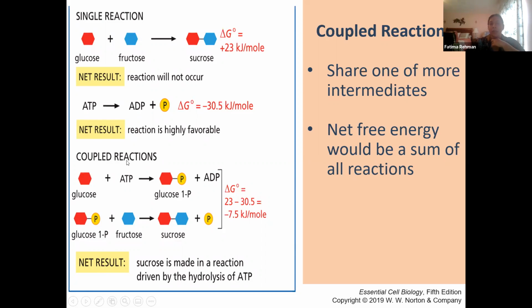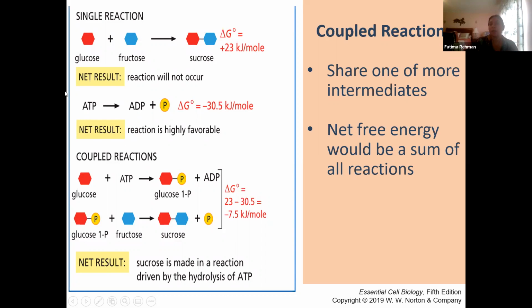You will take the energy from the first single reaction and add that delta G to the second reaction's delta G to get a final answer, which in this case is negative 7.5 kilojoules per mole. So would this coupled reaction work? Individually, the single reaction would not have normally occurred, right?